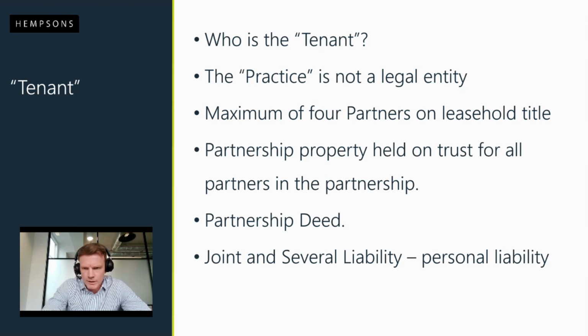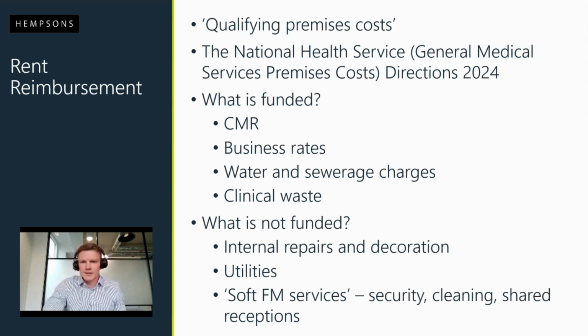I'll leave that there at the risk of going down another tangent and move on. Rent reimbursement is the next topic.